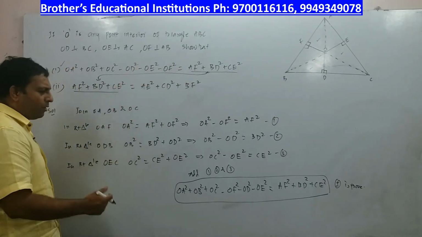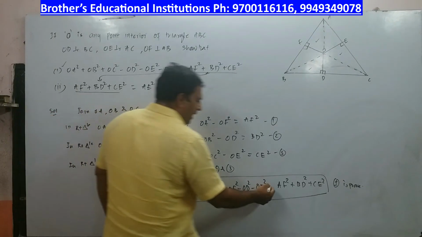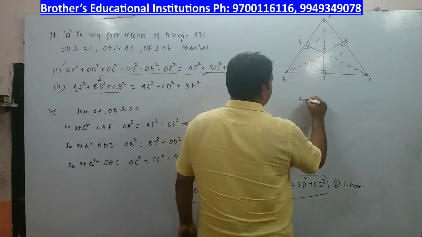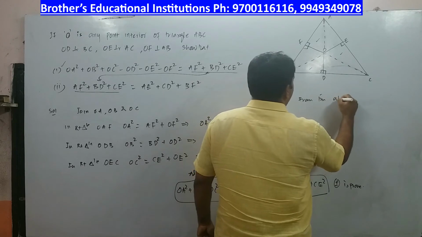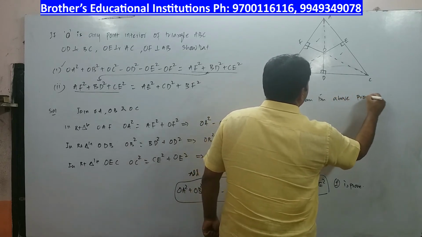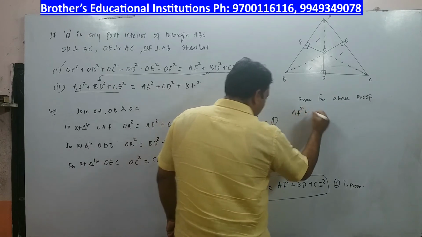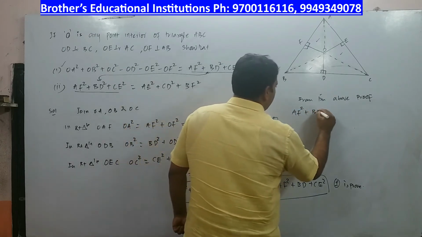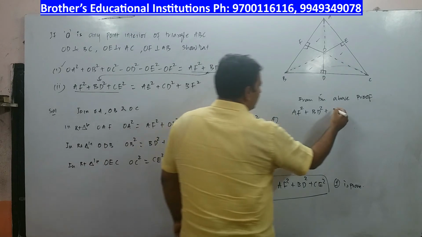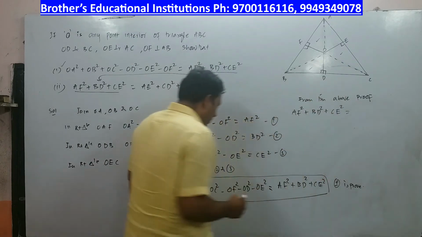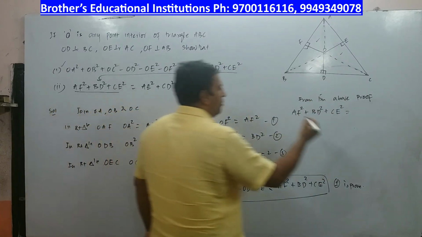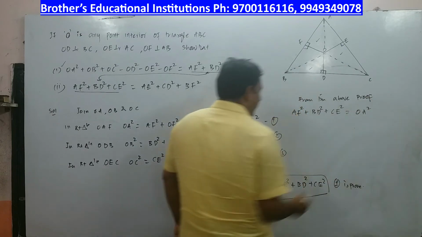Alright, so what am I going to do? I will say from the above proof, means I am going to consider this. I will take this on the left hand side: AF square plus BD square plus CE square is equal to, now I have to make a combination, OA square.